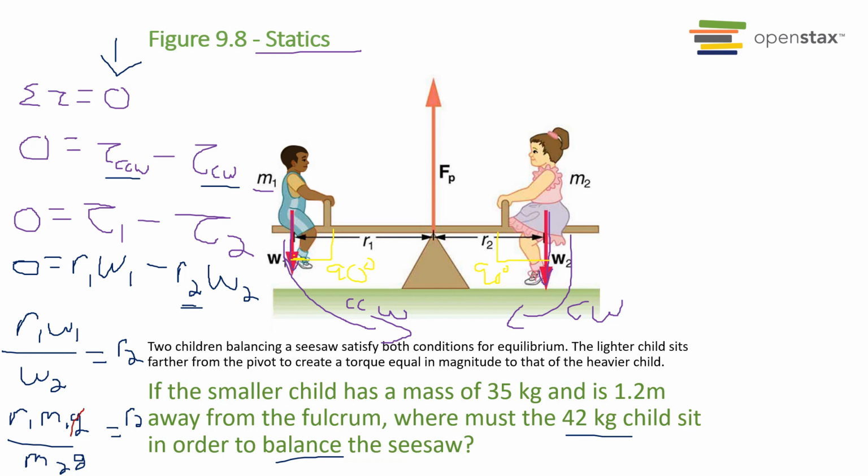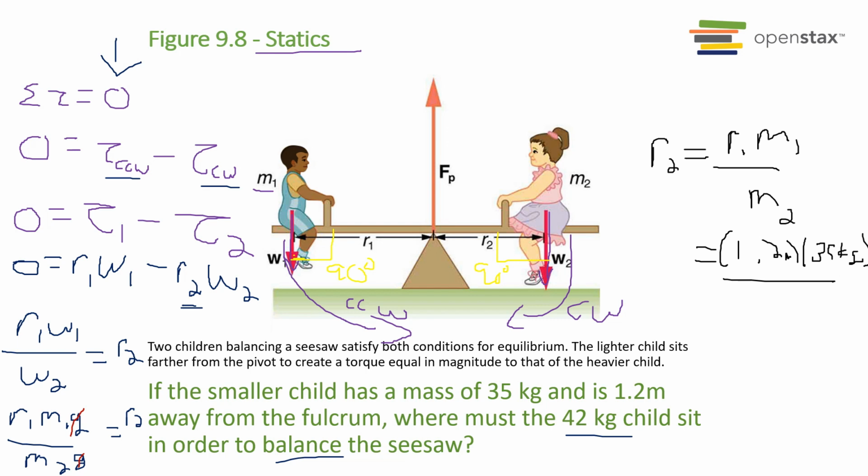But notice gravity's in both, so we can get rid of it, which makes distance 2 equal to distance 1 times mass 1 over mass 2. Now this only works because we were using gravitational force only. That's why gravity could be removed. And it ends up being 1.2 meters times 35 kilograms divided by mass 2 of 42 kilograms.